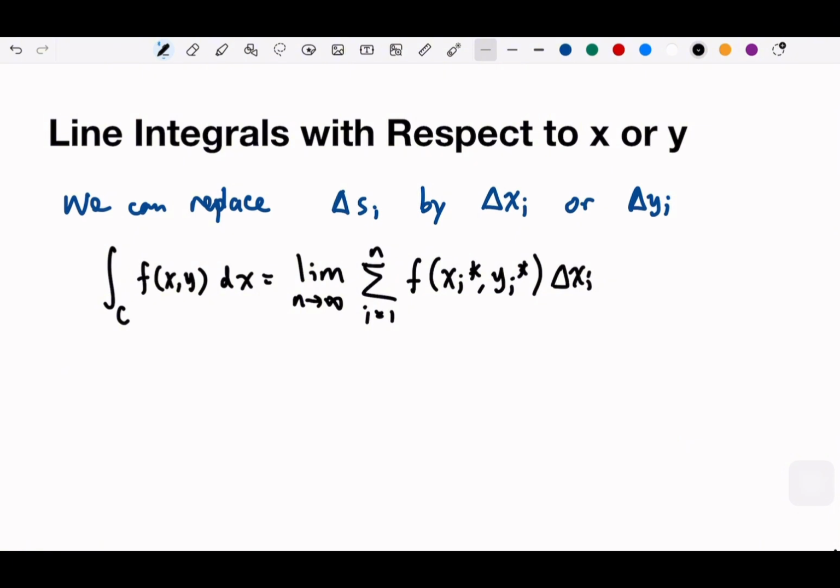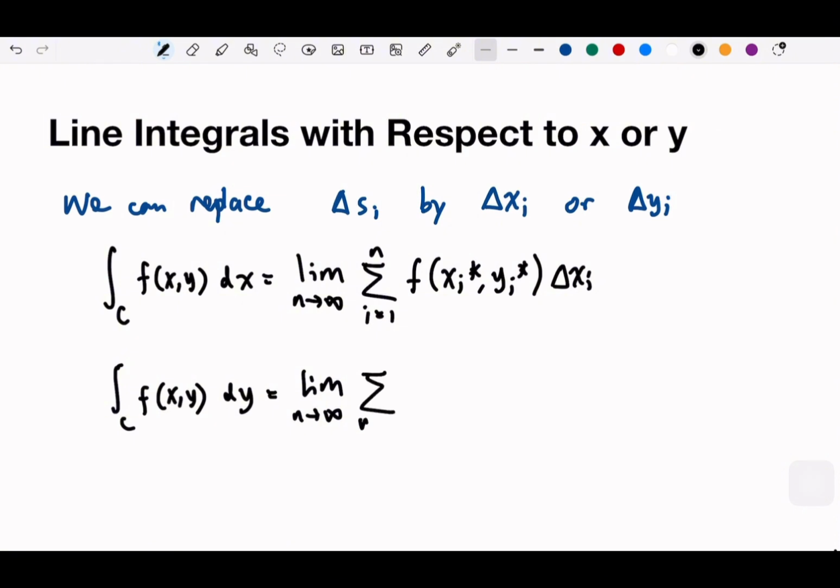Okay, or if we argue that the change is in delta y, then we can also replace it with delta y or dy in the line integral.